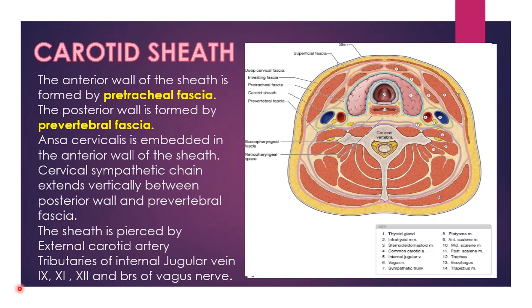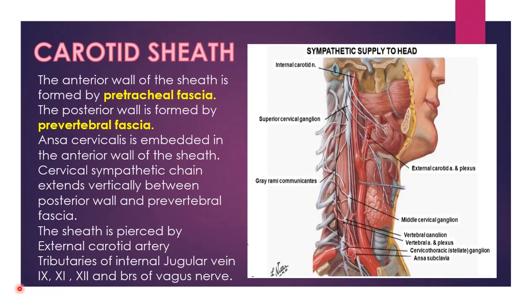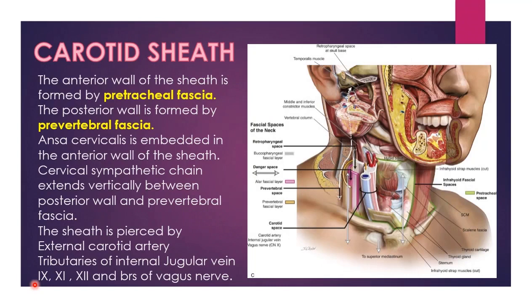Now we will try to understand the next topic. Here you are able to see the carotid sheath, and behind the carotid sheath the cervical sympathetic chain. On the posterior wall of the sheath you can see the cervical sympathetic chain. Here is a three-dimensional view with the section of the neck and part of the face.